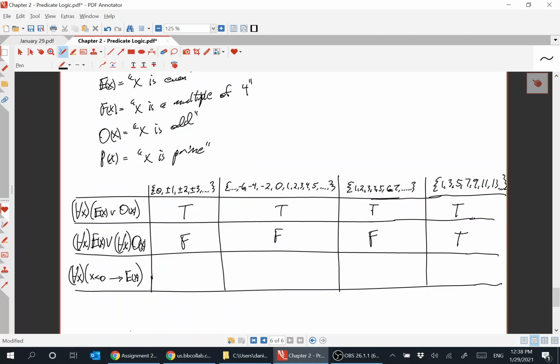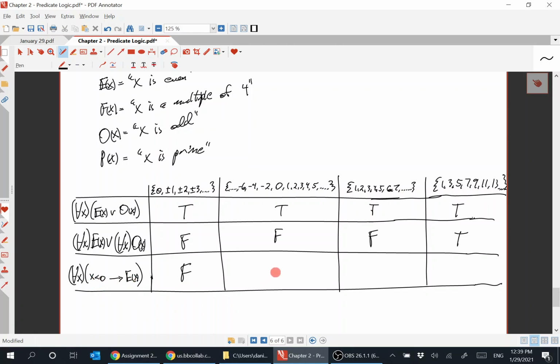They're all false except for the second column. What about this one? For every x less than 0 implies x is even. Well, you have -3 in there, for example, so it's false. Not every x in the domain satisfies that.